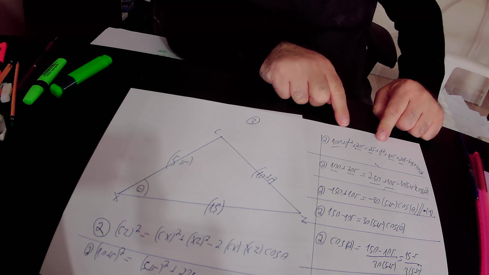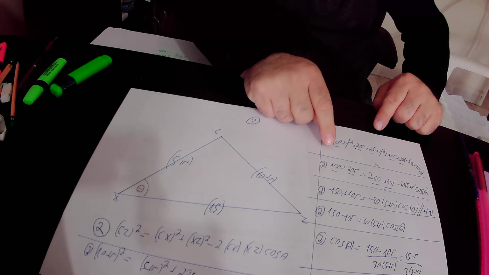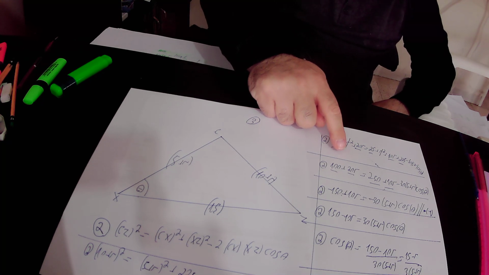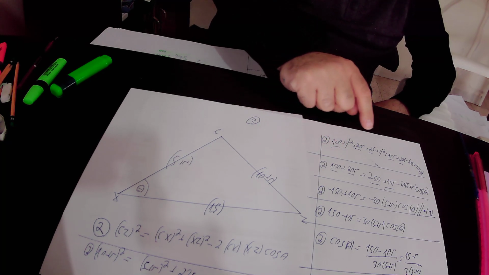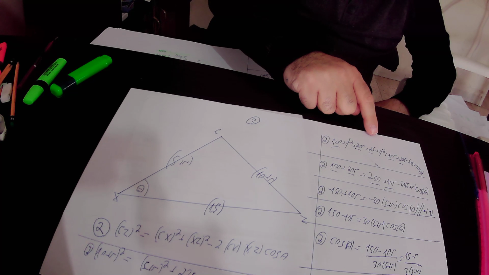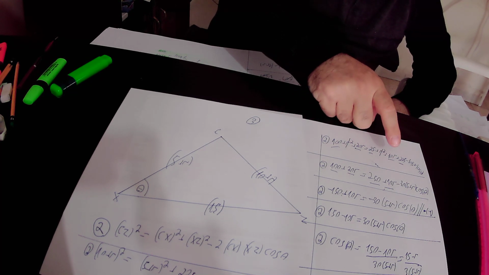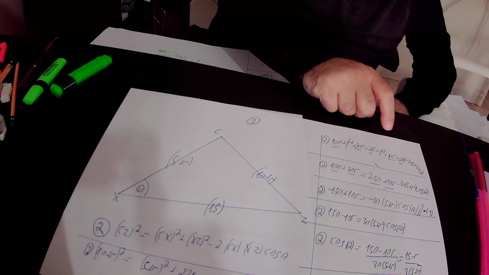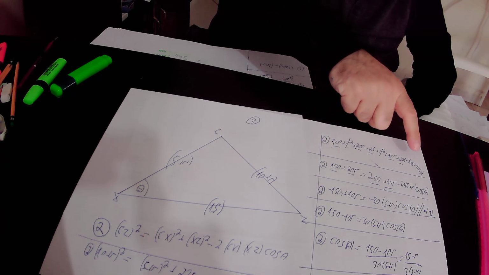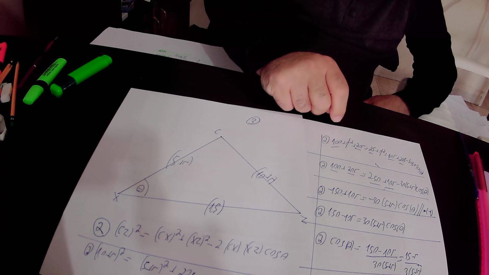And what is left after we cancelled r squared from equation number 2? What is left is, on this side, 100 plus 20r, that is equal to 225 plus 25 is 250, plus 10r, minus 30 times 5 plus r times cosine theta.